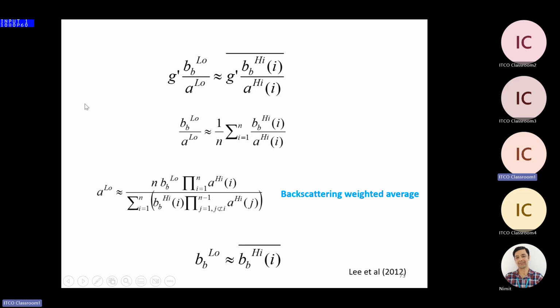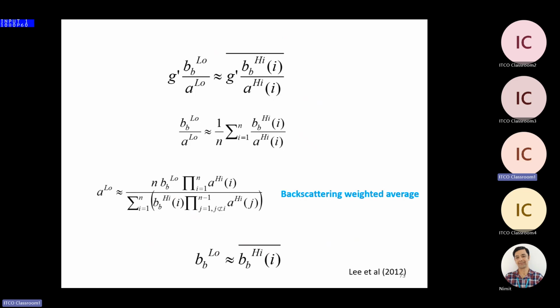If we do it mathematically, here's the Rrs of low resolution, here's the average of Rrs of high resolution. Each one is basically bb over a, simplified. You do some algebra, and eventually this a of low resolution is weighted by the backscattering of the subpixels.